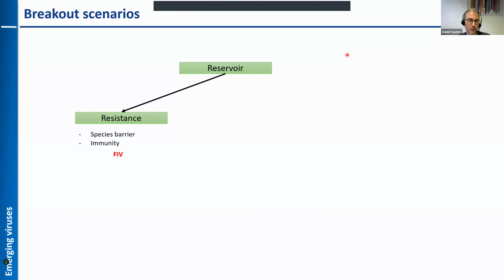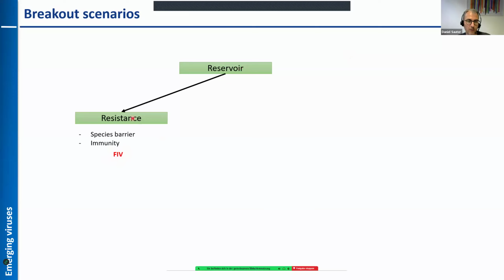I've just put one random example here, which is FIV. This is a virus that is related to HIV, the human immunodeficiency virus, and FIV is the feline immunodeficiency virus that can be found in different feline species, including the house cat, but also pumas, for example.